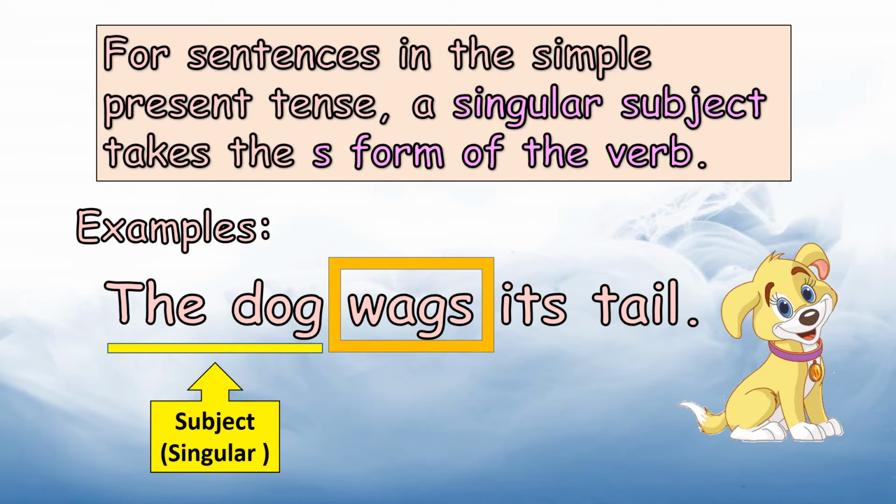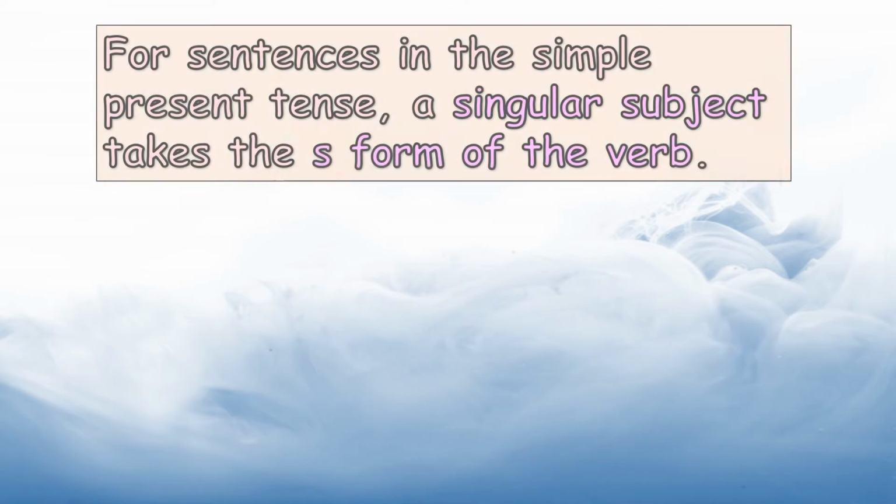Singular subject, which is the dog, takes the S form of the verb, which is wags. Again, for sentences in the simple present tense, a singular subject takes the S form of the verb.